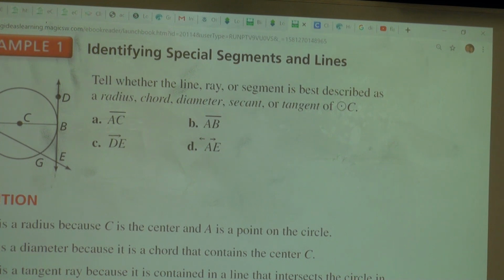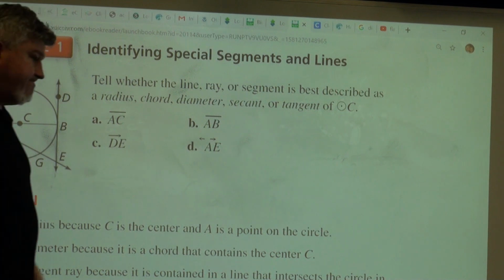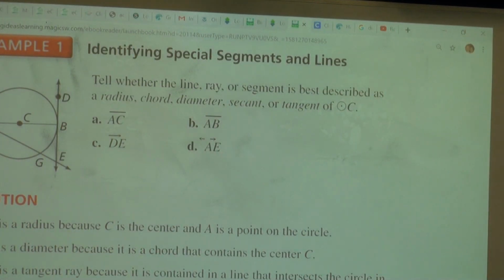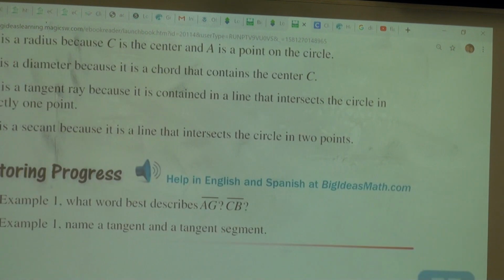And then line AE, best described as a secant. It touches 2 points of the circle. Okay? You see at the bottom of this. All right.